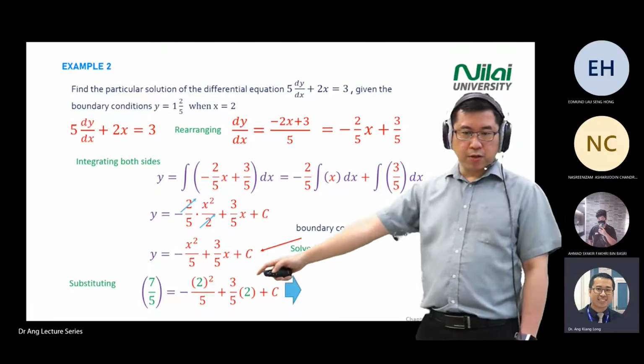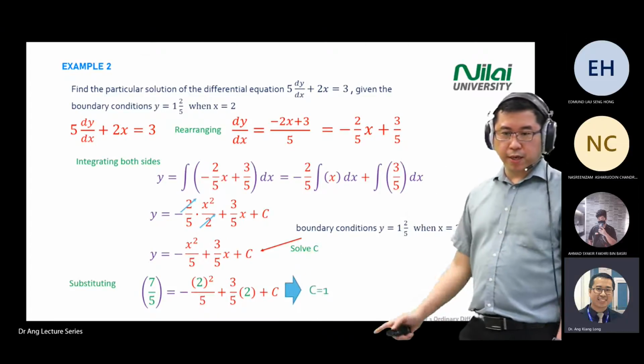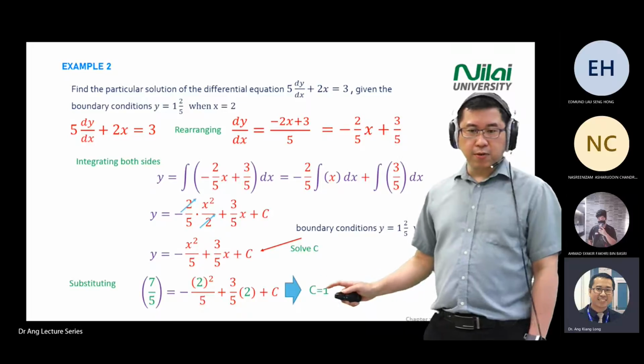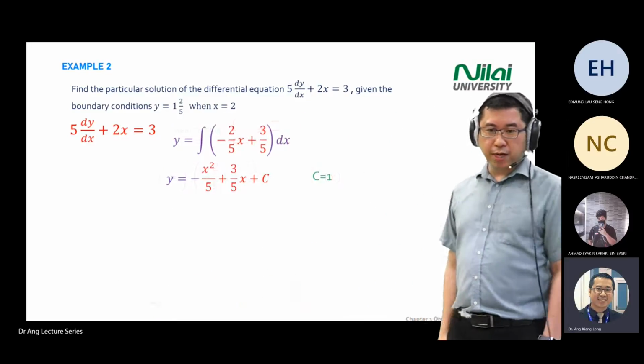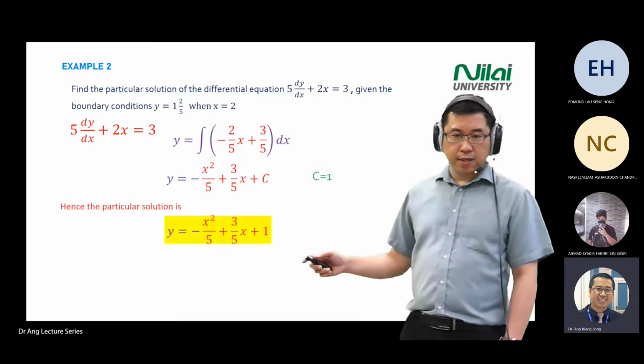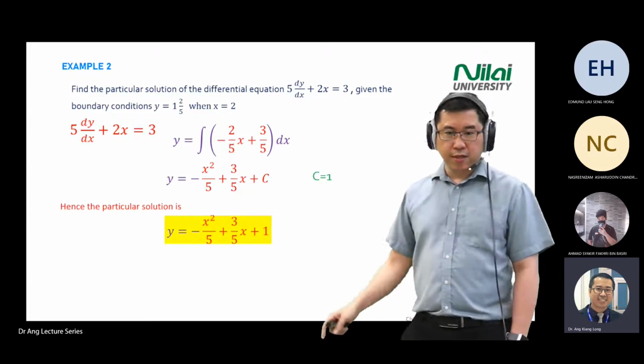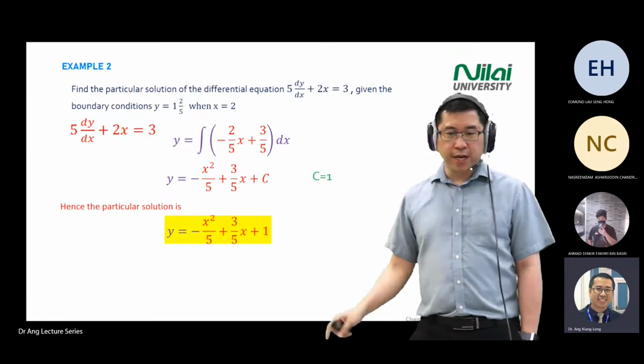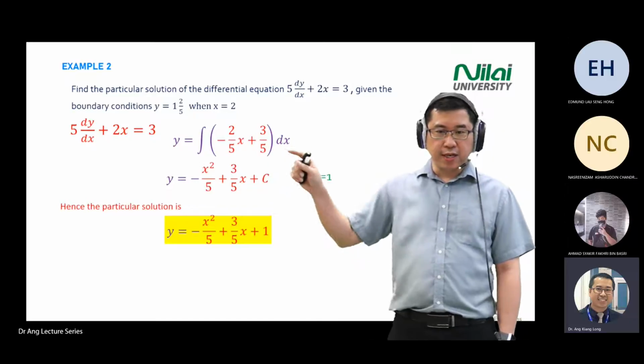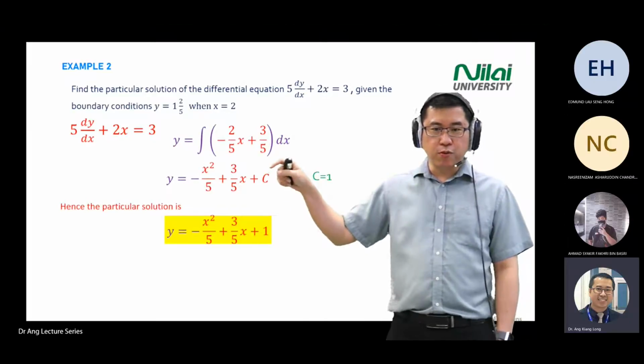You substitute, only one unknown there, c will be 1. Once you get your c as 1, substitute here, and you write the answer in your answer sheet. This will give you full marks after you solve for c. Again, how do you know we want you to solve c?